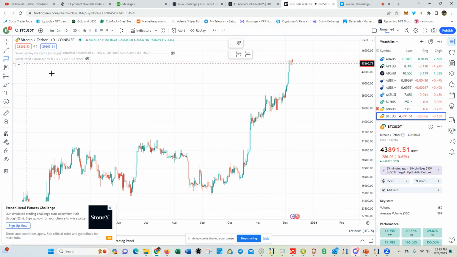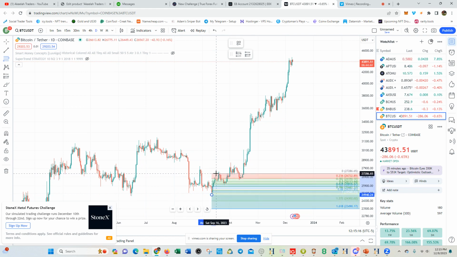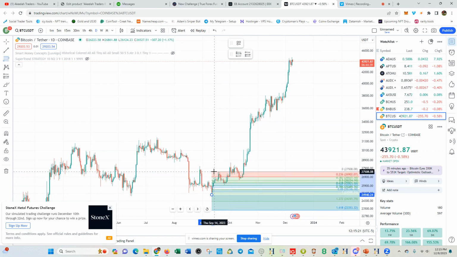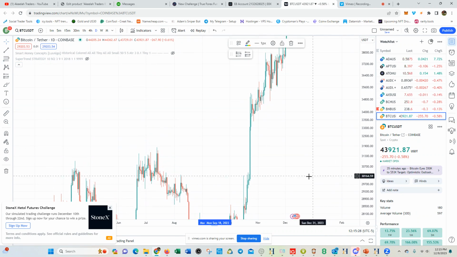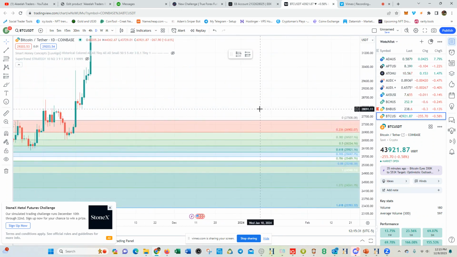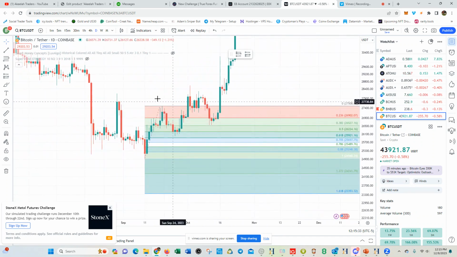Let's do that. When I select the tool, all I have to do is select the bottom of wherever the move started. Let's say the move started here, and then drag it up to the point where the market stopped its first initial move, and that's going to be right about here. I'm going to zoom this in a little bit so we can see it better.